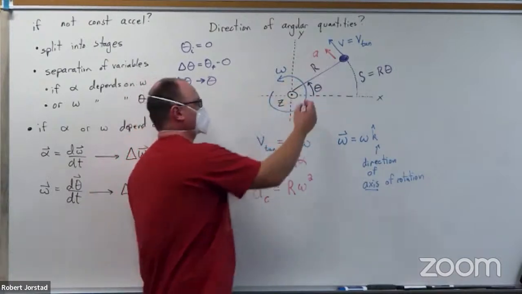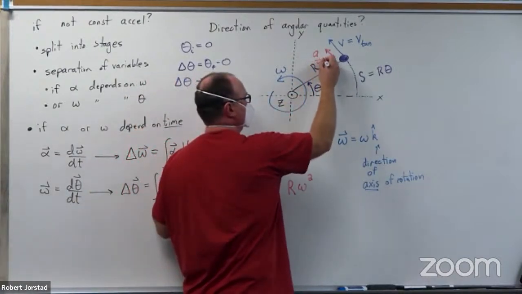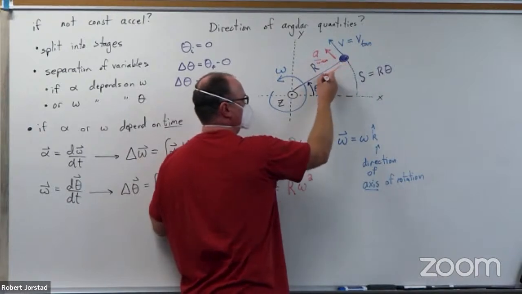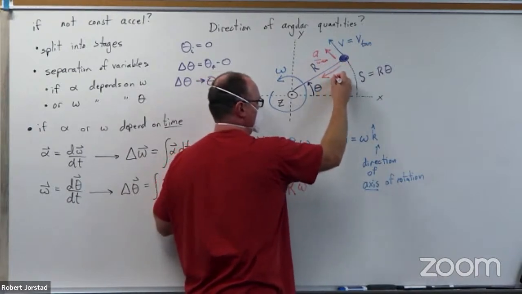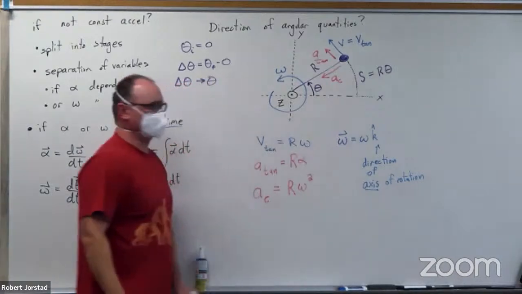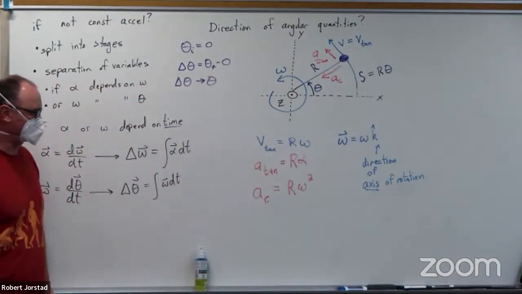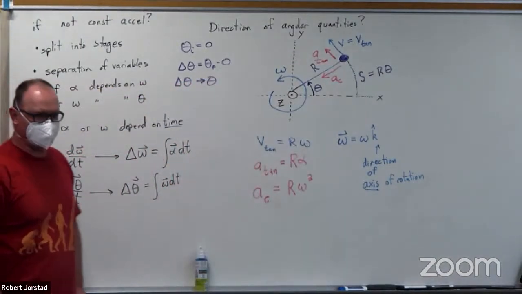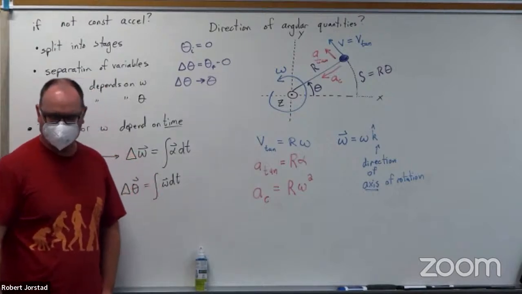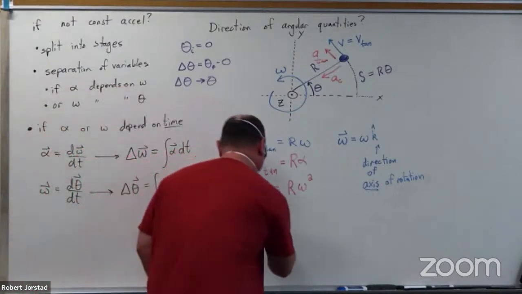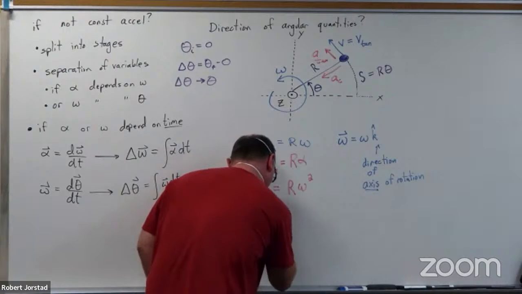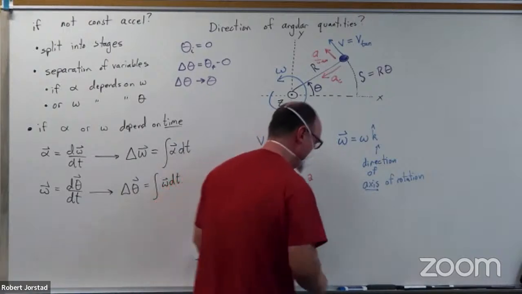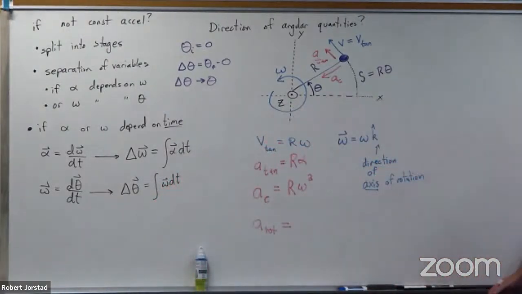A tan, good. That's a squeaky marker. There's AC. What if I just wanted the acceleration? Sometimes we call that a total. I call it a tot for a total.